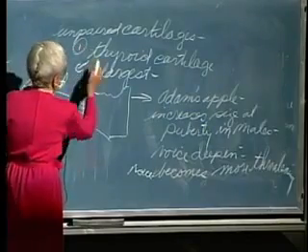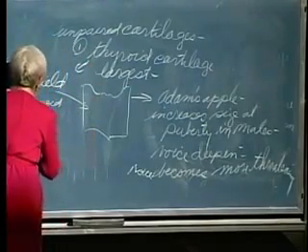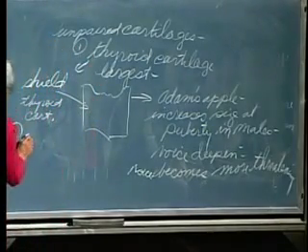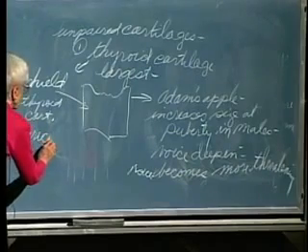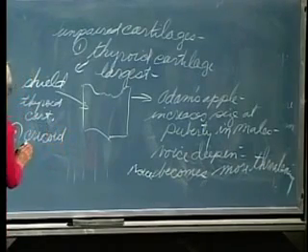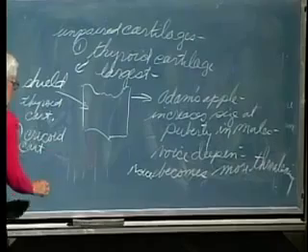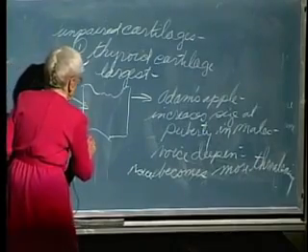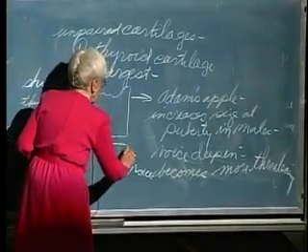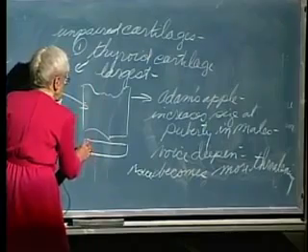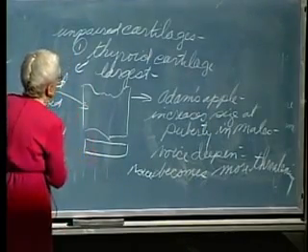The next one will be the cricoid cartilage, just immediately inferior to the thyroid cartilage.